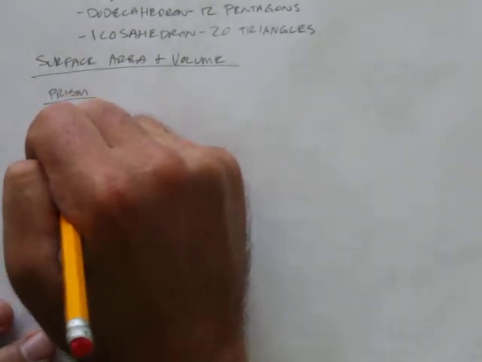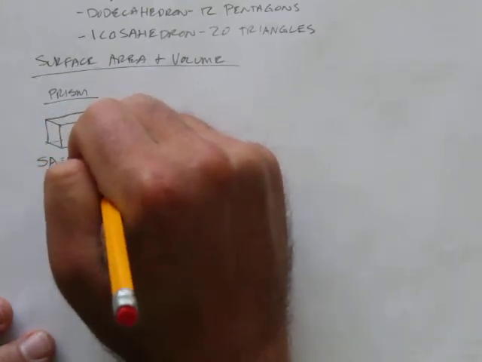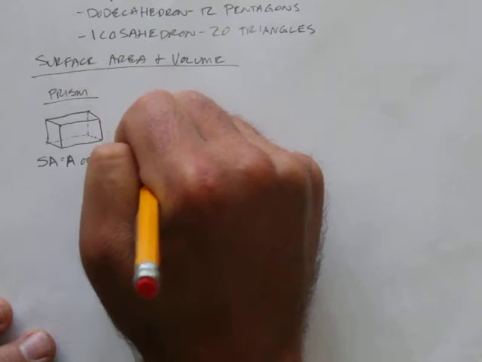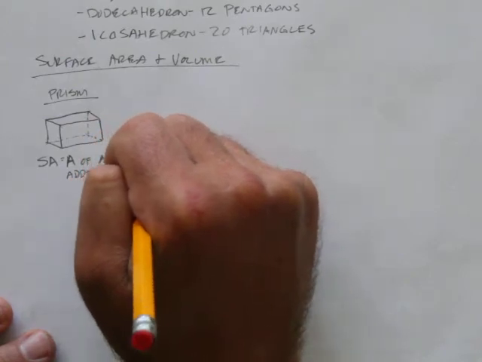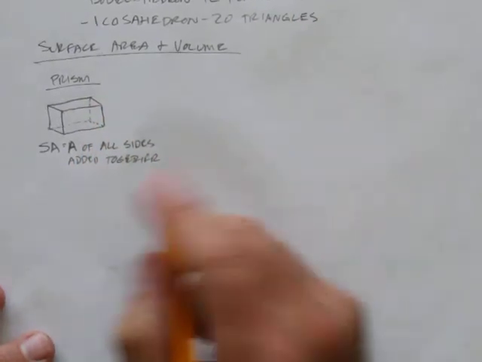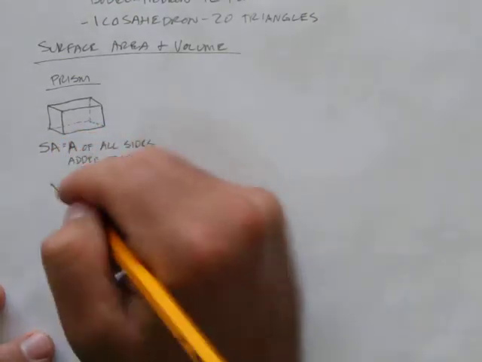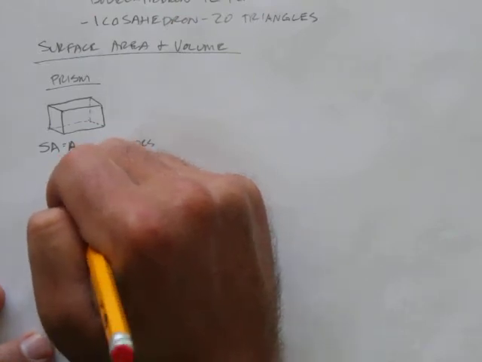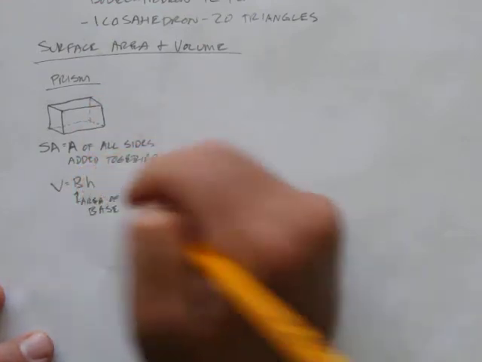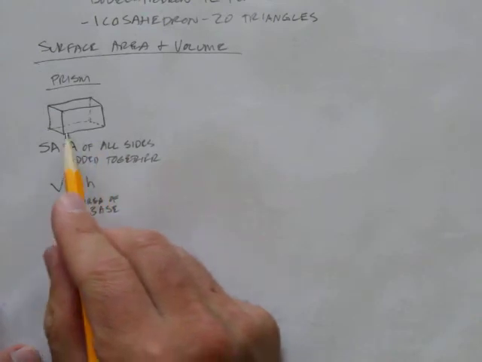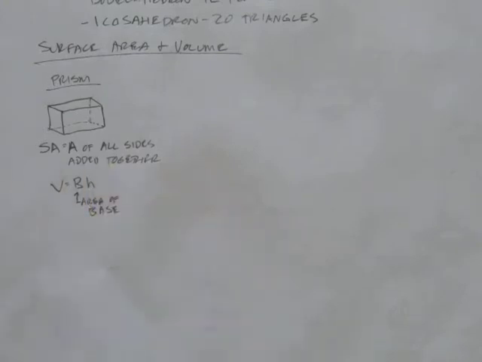Surface area is the area of all sides added together. And the volume is the area of the base times the height. So this big B here means the area of the base. So the area of all sides added together gives me the surface area. The volume is the area of the base times the height.